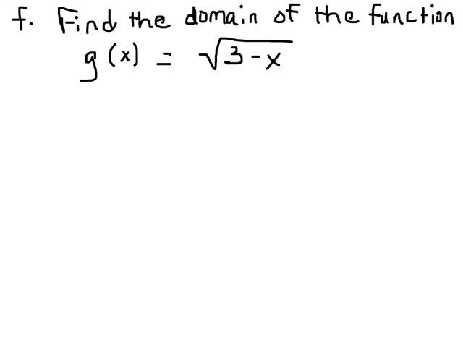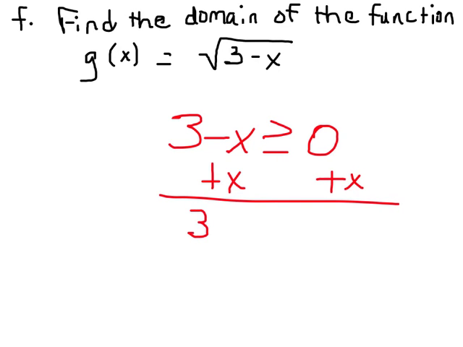Finally, find the domain of the function f of x equals the square root of 3 minus x. And we remember that we can't have a negative under the square root. So we're going to have to say 3 minus x is greater than or equal to 0. And then I'm going to have to move that x to the other side, so plus x.